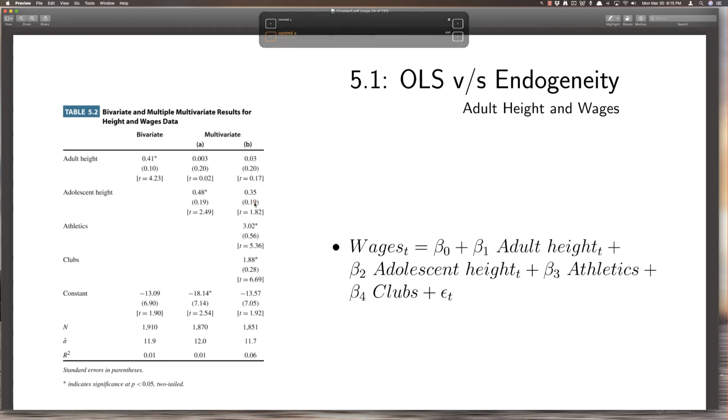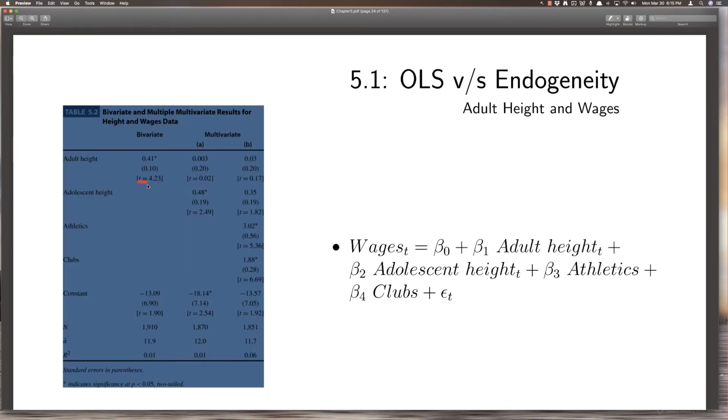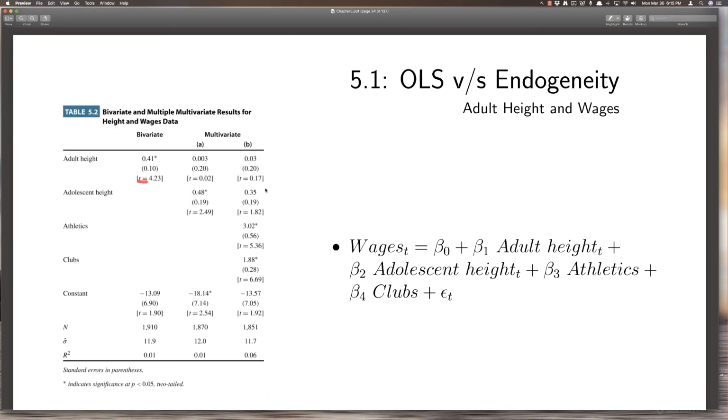So this is one of the trade-offs we're going to face here: when we want to control for things, sometimes by controlling, our statistical significance goes down. But that's okay, because remember, we can't even trust this t-value because it's probably a biased regression. The interpretation of t-values requires that you first be unbiased.